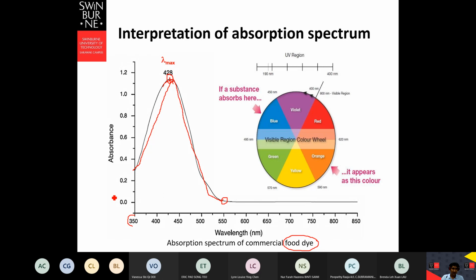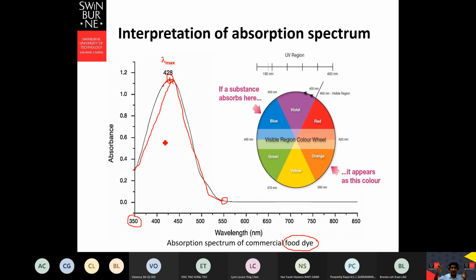We started from 350 nanometer. The light, the wavelength, is increasing, and then when it reaches 428 nanometer, the absorption jumps up.